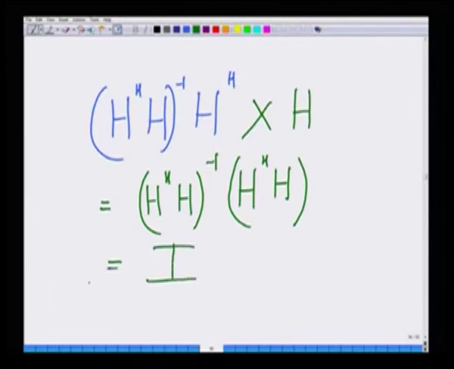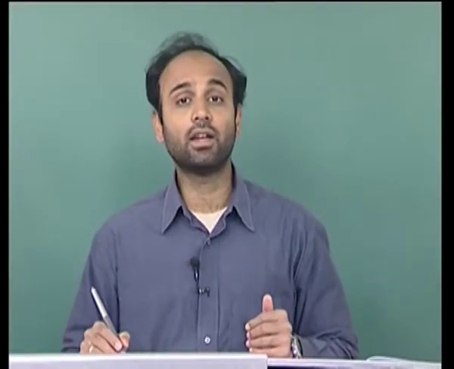In fact, if you work this slightly, you will notice that H is dimension R cross T, H Hermitian is dimension T cross R, H Hermitian H is dimension T cross T, hence this is identity of dimension T. Hence, it is acting as if there is an inverse.